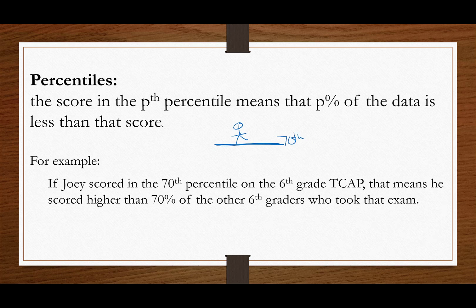That does not mean that he scored a 70 on his test. He just scored greater than 70% of the students, but 30% of the students scored higher than him. And so Joey, and possibly some other kids, if we're considering the entire state of Tennessee, fell in the 70th percentile.